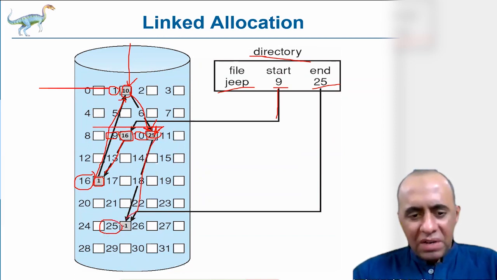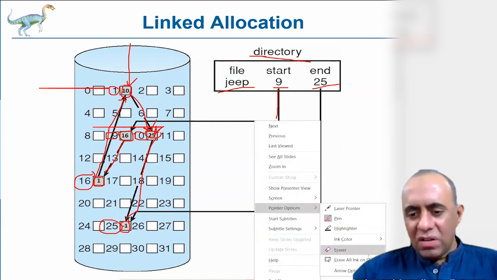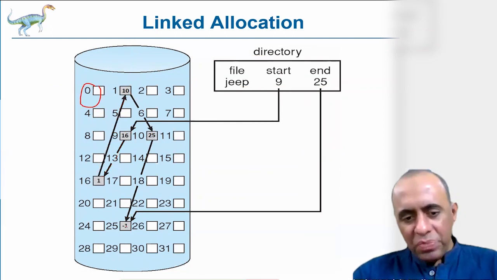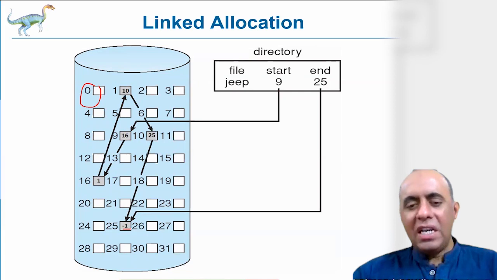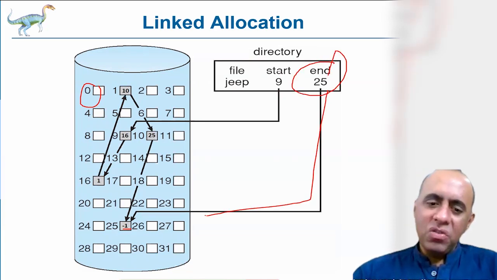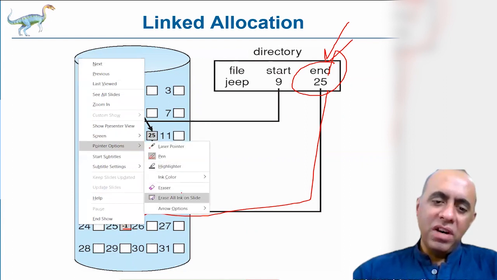In block number 25 there is some file data, and also there is -1, which indicates that it is not a valid block number because block numbers start from 0. So -1 means that this file has ended at this point, and this end pointer also verifies that you have reached the end of the file. Although this information is redundant, it gives you more reliability about the file.